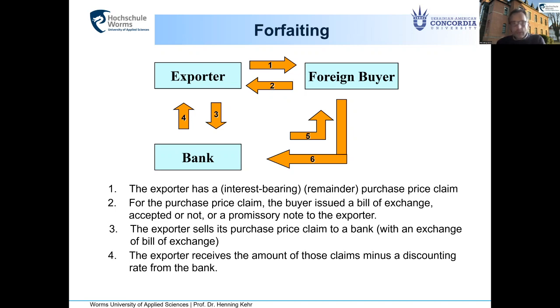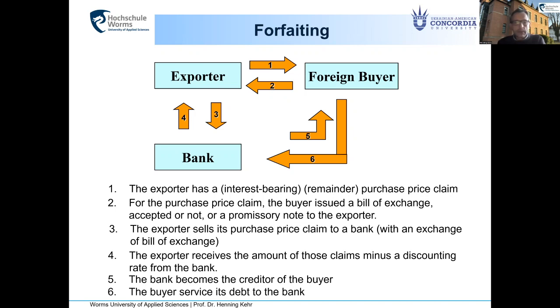Therefore, arrow 5, the bank becomes the creditor of the buyer. And last step, the buyer has to pay the debt to the bank. So that's one kind of a long-term credit for financing exports. Long-term means because receivables are perhaps payable after 2 or 3 years.